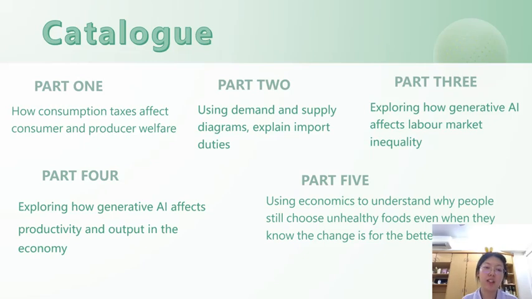Part four is exploring how generative AI affects productivity and output in economies. Part five is about using economics to understand why people still choose unhealthy food even when they know the change is for the better.